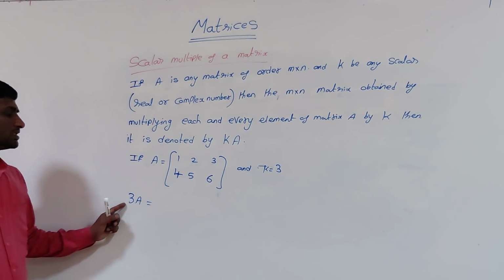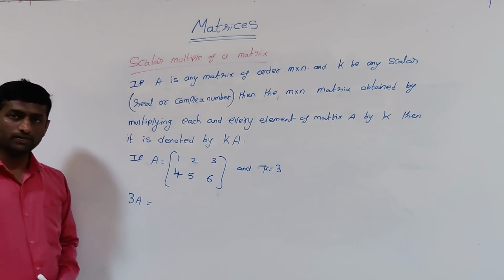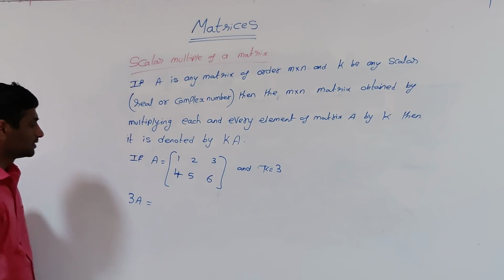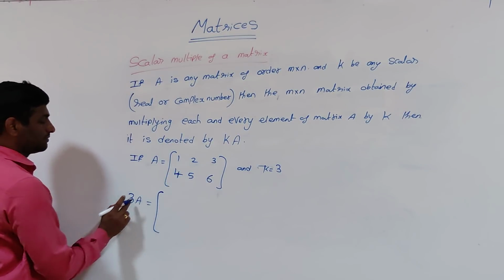This 3 is a scalar and A is a matrix of size 2 by 3. 3A will be of the same order, and each and every element of A is multiplied by 3.